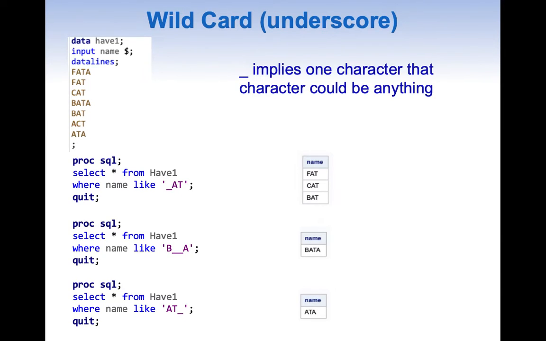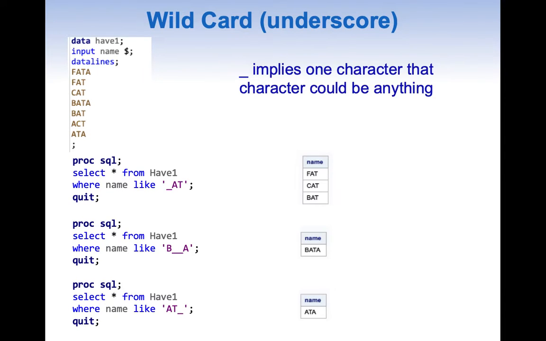Before going into the details of queries related to underscore, I want to mention one important thing. We need to use the like operator as shown here whenever we are using a wildcard. So in any query where we are using a wildcard, we need to use the like operator.